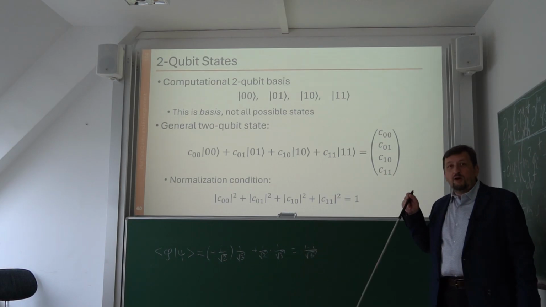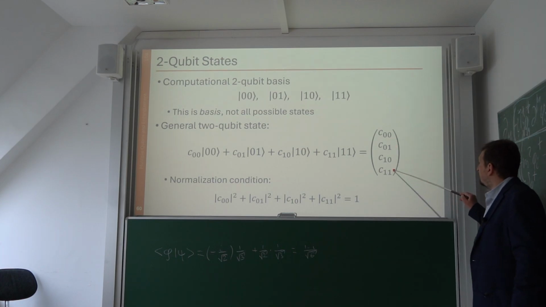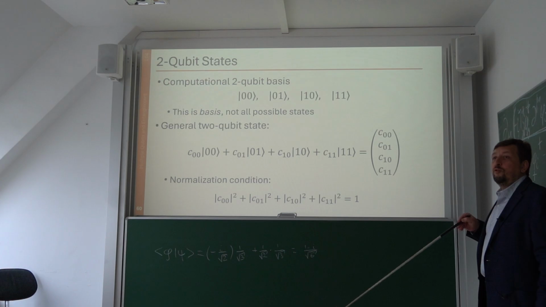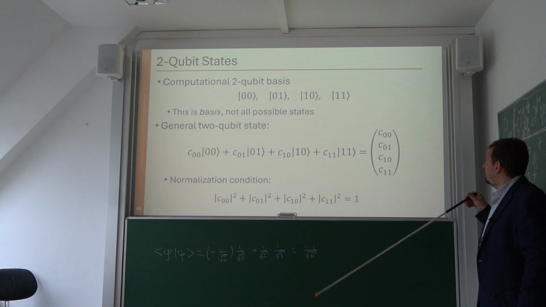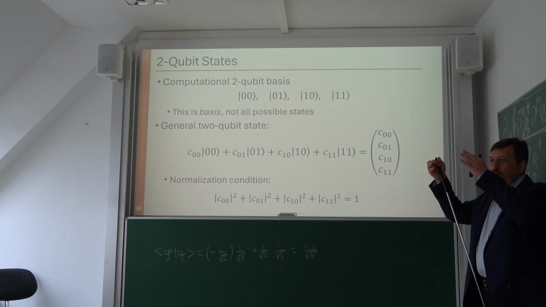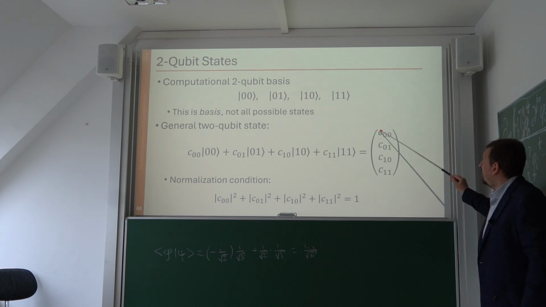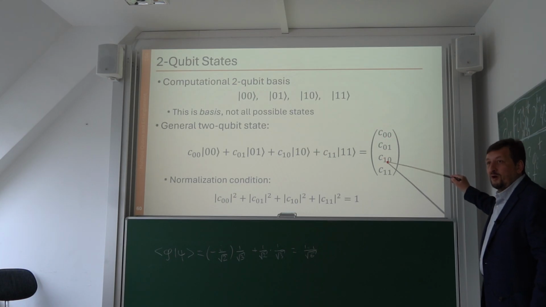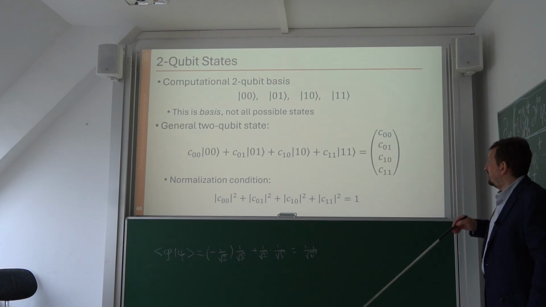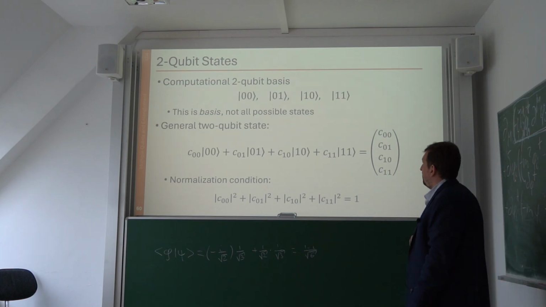If you know how to count in the binary system, you see that this is binary 0, 1, 2, 3, and so on. So if you have more than two qubits and want to write a column vector, there is a very easy rule: you don't need to actually perform all this multiplication in the computational basis. Here you have coefficient C with binary index 0, binary index 1, 2, 3, and so on. Very easy. And of course we have the normalization condition, something to remember.